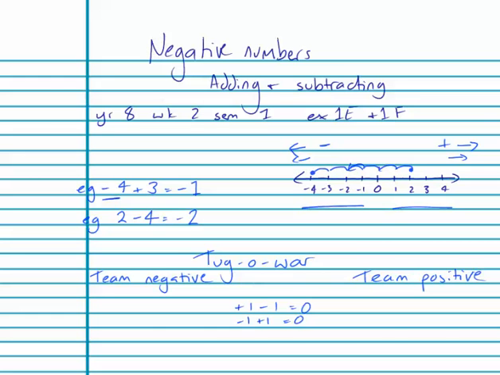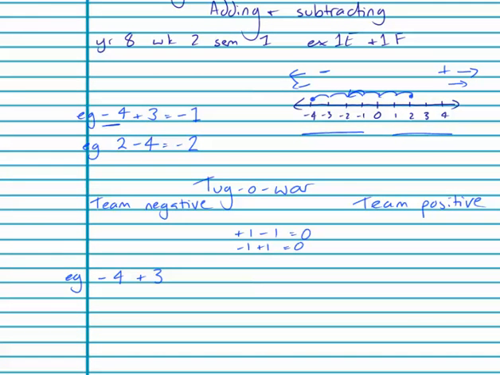Anytime we have to do a sum where we're adding or subtracting and there's negative numbers involved, let's look at our first one, -4 plus 3. We check to ourselves how many people are on team negative. Team negative have 4 people. How many people on team positive?